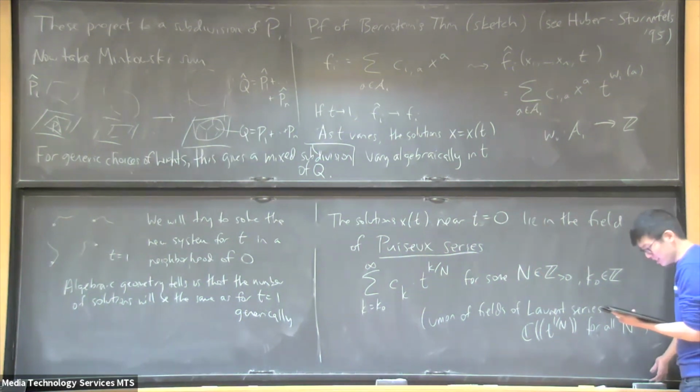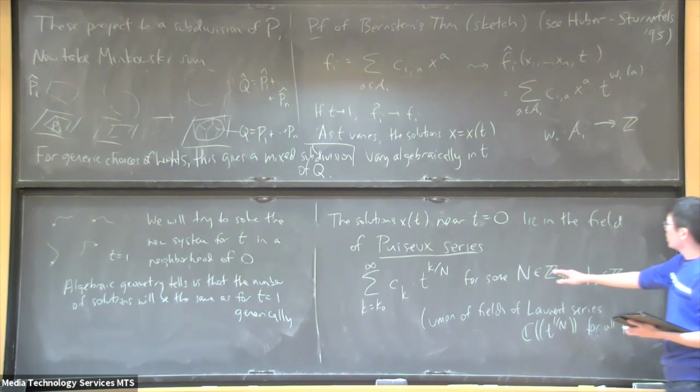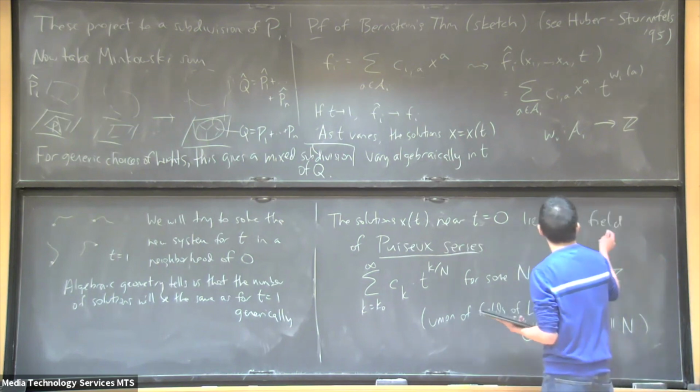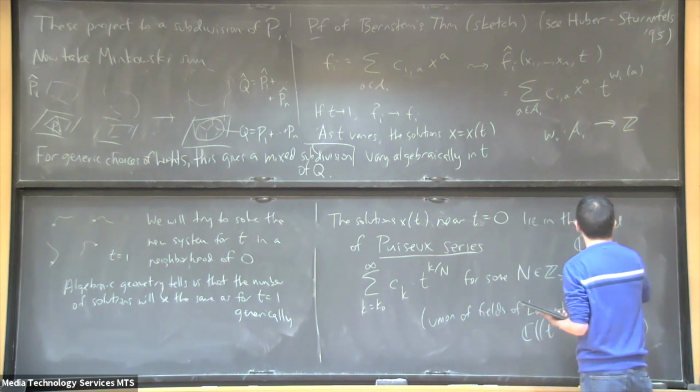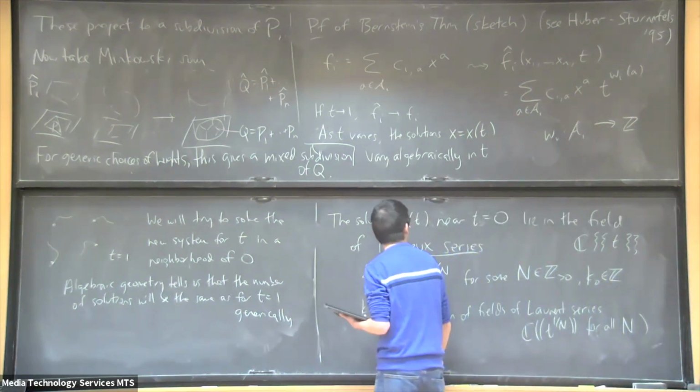You know what that means. But the point is that this field of Puiseux series is actually the algebraic closure of the field of formal Laurent series in t. So this field is sometimes denoted C double-brace t.